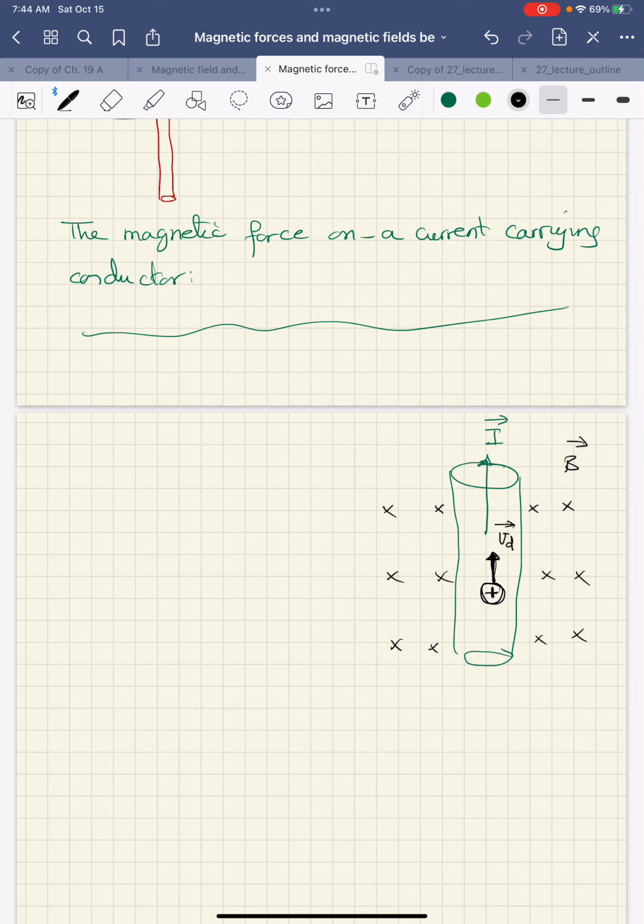Therefore, according to what we studied before, each charge is going to feel a force, and that force is going to be QV, the velocity, times B. This is vd, the drift velocity.